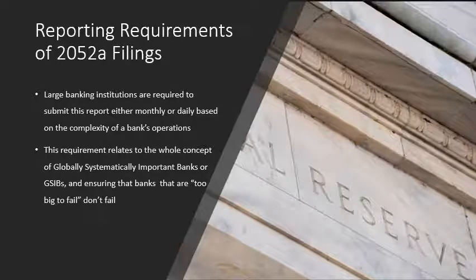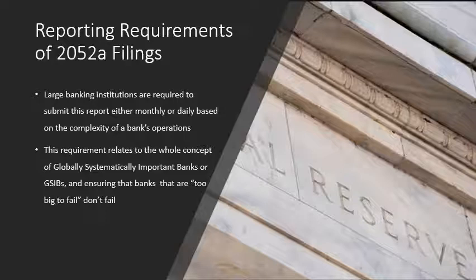My banking institution is required to submit this on a daily basis in currency, and by providing this information to the Federal Reserve, they can get the pulse on any liquidity stresses that could potentially be occurring. For example, we just experienced a liquidity crunch during the beginning of the pandemic.